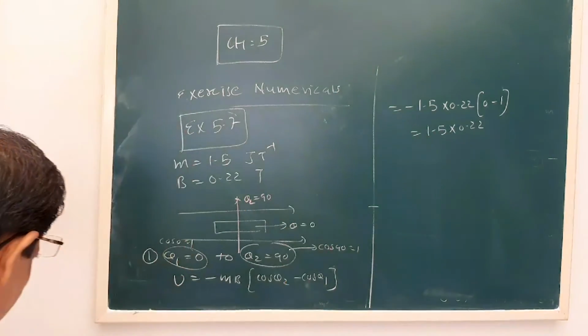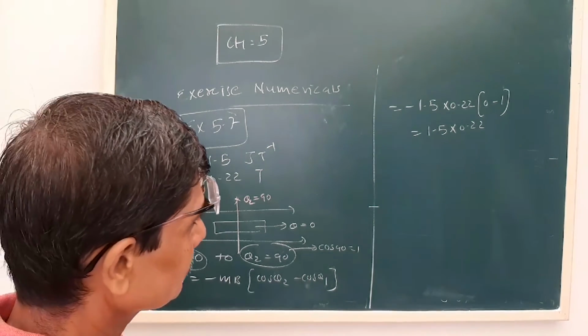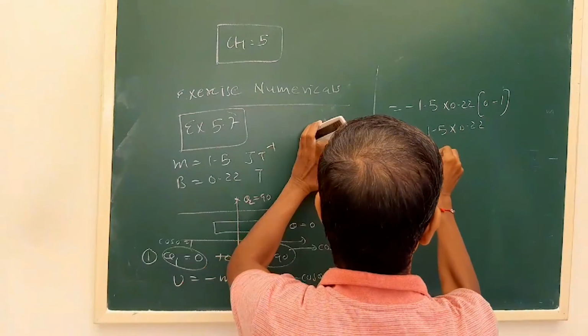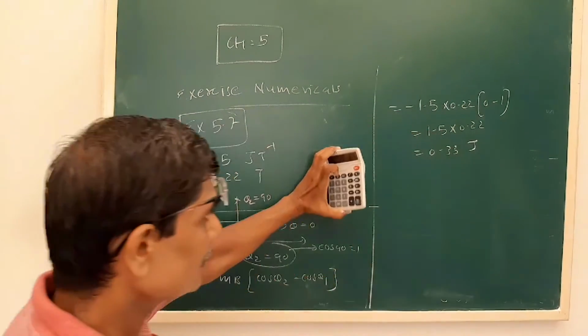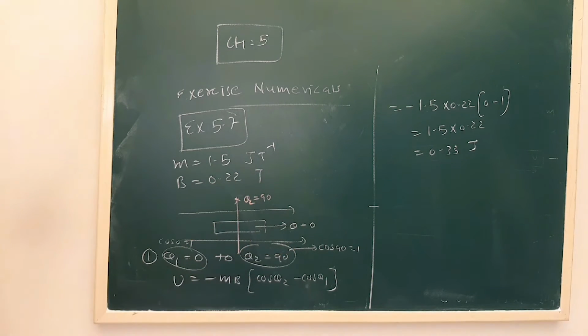So that will become 1.5 into 0.33. That is the work done to rotate from theta equal to 0 to theta equal to 90.